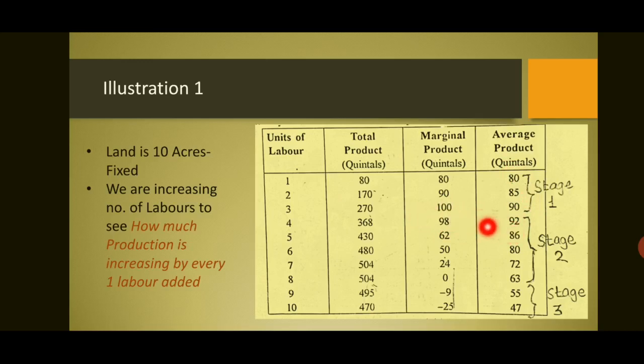The more labors we added, the more we got maximum marginal product as well as maximum average product.